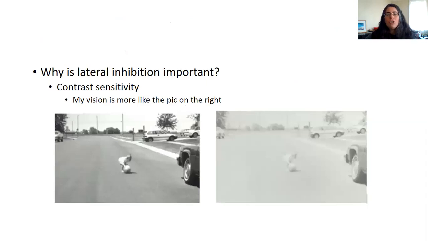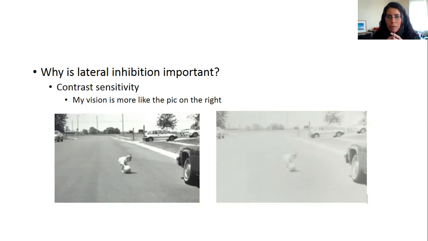Now, the question you may be asking is why is this important, right? How does this impact our experience in the real world? Well, it has to do with contrast sensitivity, right? So remember when you watched the TED Talk and it took a while for you to be able to spot that predator in the wooded area? Part of what's responsible for that is color.